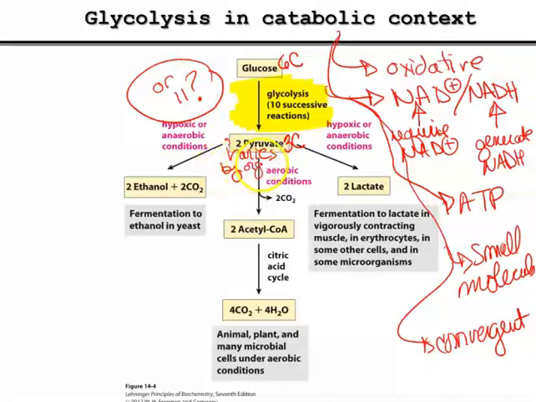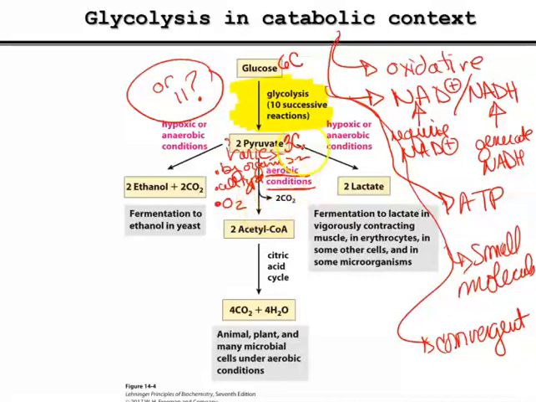by organism, cell type, and the availability of molecular oxygen. So, under aerobic conditions, which is our focus, that pyruvate will be transformed to acetyl-CoA, I should say decarboxylated, and then the remaining 2 carbons of pyruvate will be coupled to coenzyme A to form acetyl-CoA.